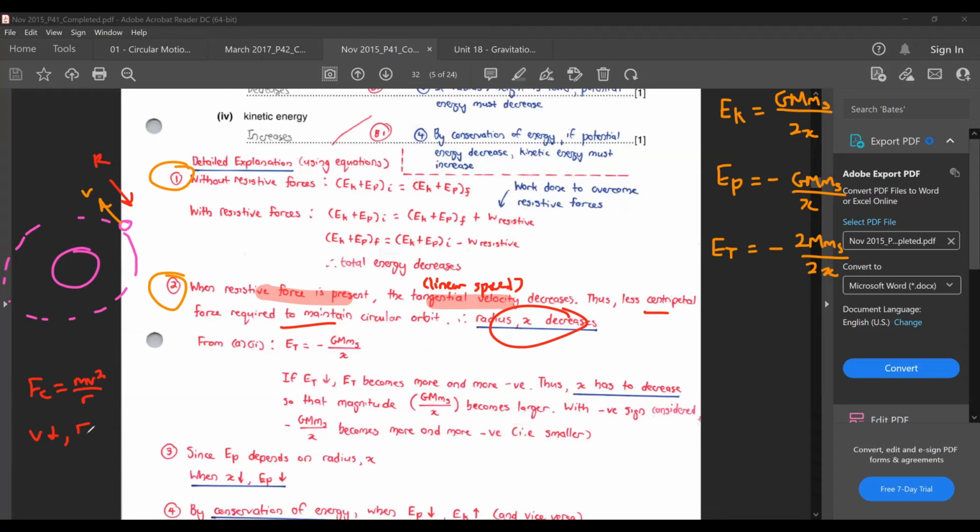V drops, Fc drops. Then after that, when Fc drops, R should drop. Because here the relation was Fc is proportional to V squared, Fc is also proportional to R. Okay, so when my velocity drops, my centripetal force drops. And coincidentally, when my centripetal force drops, my radius will drop. This one is explaining why radius X decreases.